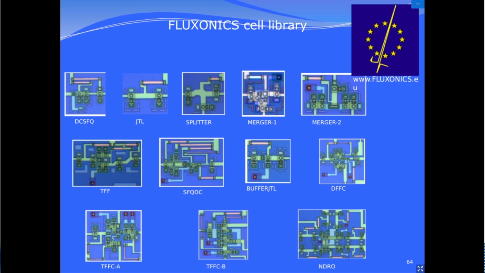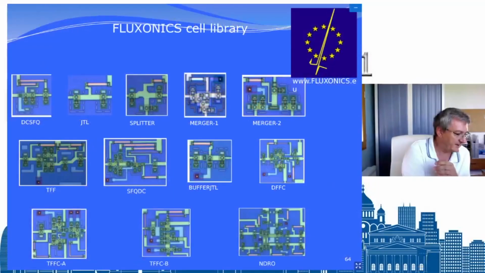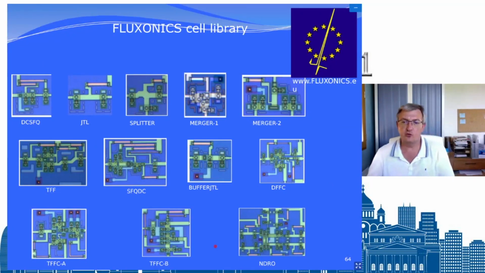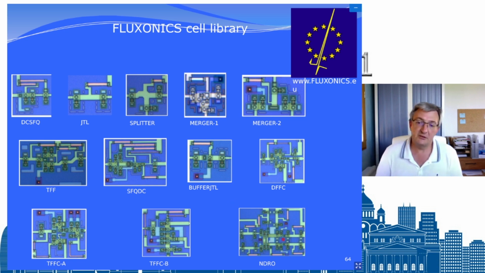I wanted to show you, maybe I will see if I can find directly the number of this slide. It's here, so we have this cell library if you want to do some circuit: DCSFQ to generate single flux quanta, to transmit them, to split in two parts, to merge them, to get a DC voltage at the output, and flip-flops, some DFF, delay flip-flop, and all kinds of non-destructive readout things to make multiplexers.